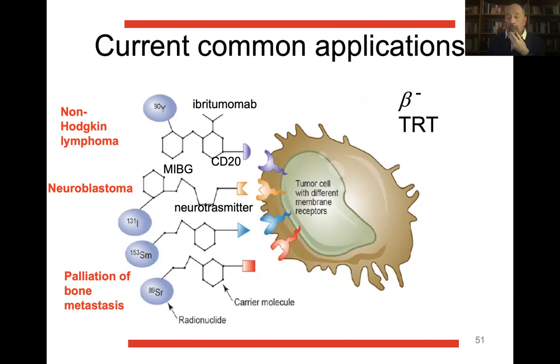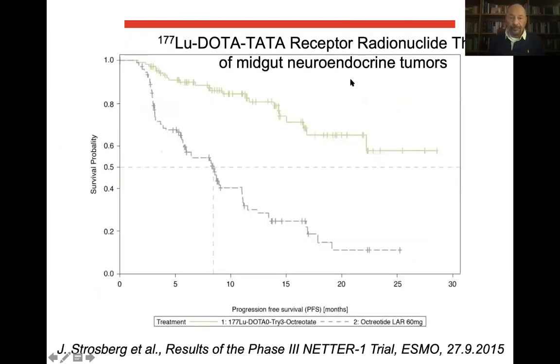So most of the applications of radionuclide therapy these days are done with electrons, with the emissions of betas. When you use DOTATATE, you can combine it with lutetium-177, and these are examples of results.